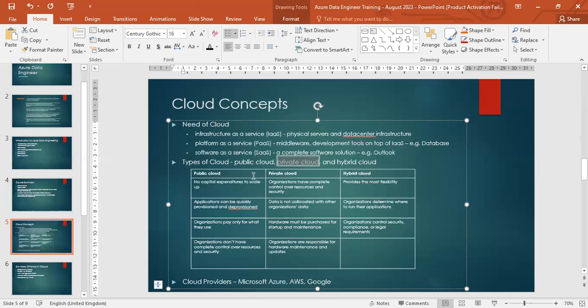Then next is the public cloud. Public cloud is like a general one, where all the organizations' data will be available together, where the organizations do not care about data security. In general, most of the clouds will be public clouds. Even if I register or you register and get access, everyone's data will be centrally available in the public domain.